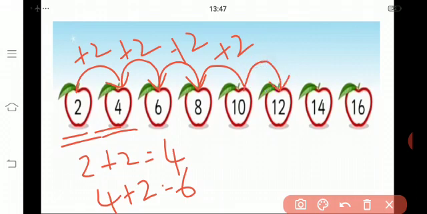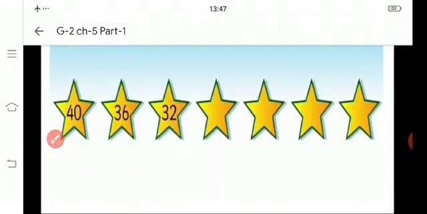If you add 10 with 2, we get 12 and so on. We call this method skip count by 2's. In the previous class we learnt this. Here we are applying the rule skip count by 2's. Shall we move on to the next one?